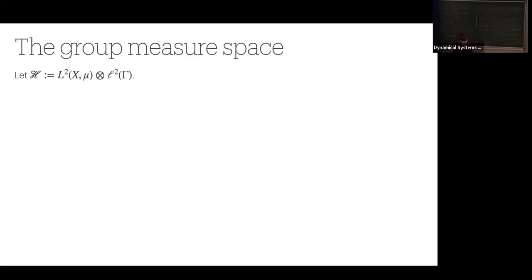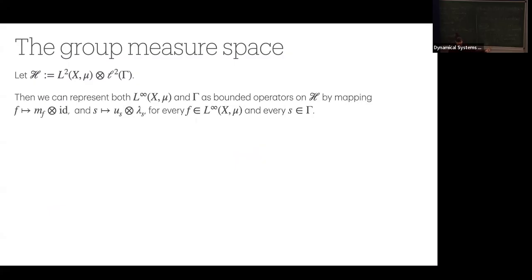So we can construct what's called the group measure space. We take the Hilbert space which we get by taking the tensor product of L2(X, mu) and the L2 space of Gamma. And we're going to represent both L infinity(X, mu) and Gamma as bounded operators on this Hilbert space. So we're just going to map f to its multiplication operator tensor the identity, and then we're going to map s in Gamma to U_s, the Koopman operator, tensor this left regular multiplication operator.